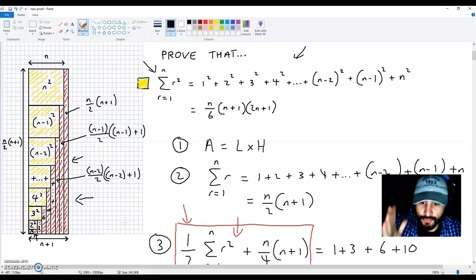Now everything in red is going to represent what we've got here as the third thing we need to remember.